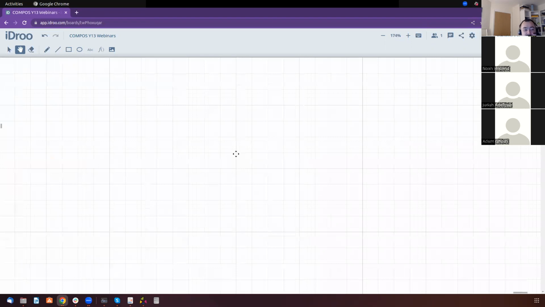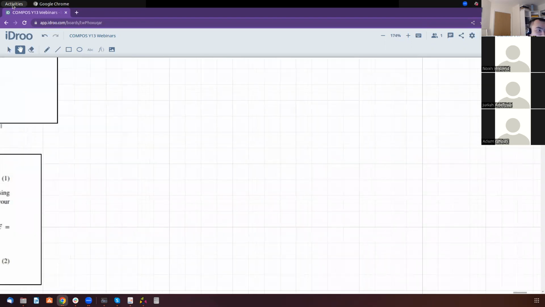So we have the scalar product of two vectors, which you're familiar with. A dot B, also known as the dot product.